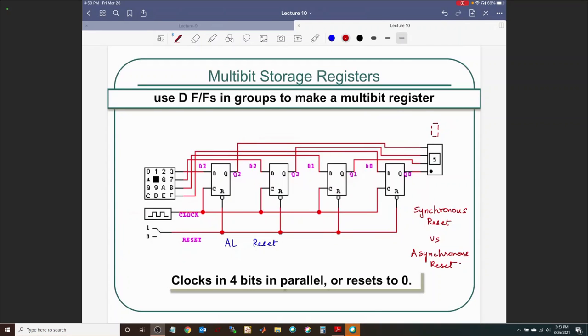How does the reset work? It is simply going to make zeros clock in to the outputs if it is a synchronous reset. But if it is an asynchronous reset, then it has a mechanism inside which forces your Qs to go to zero.